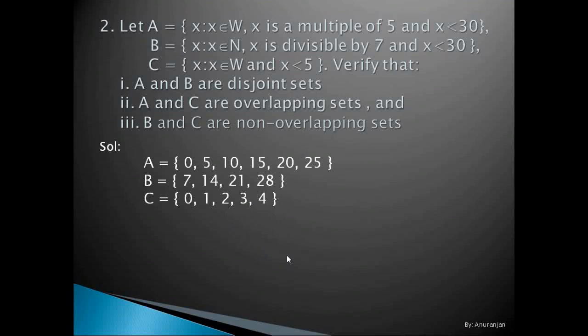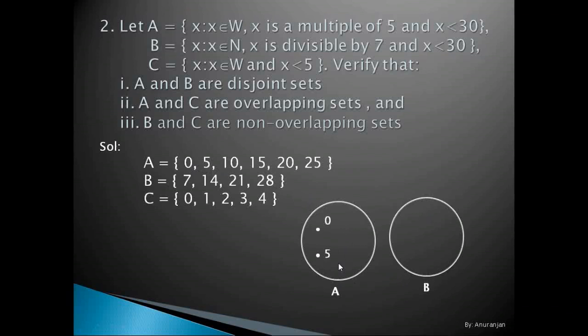So let's draw the Venn diagram for set A and B. So set A, and then let's draw set B. So first is 0, then 5, then 10, then 15, then 20, then 25.